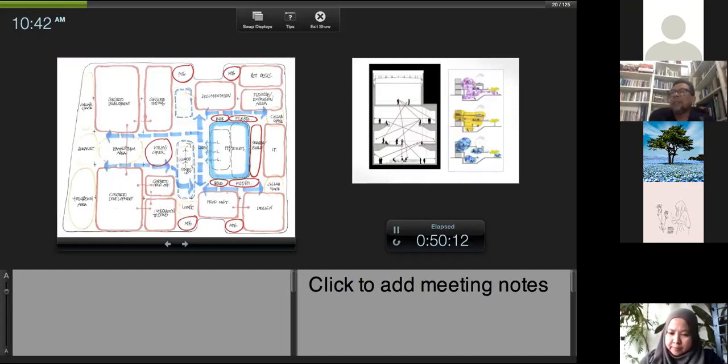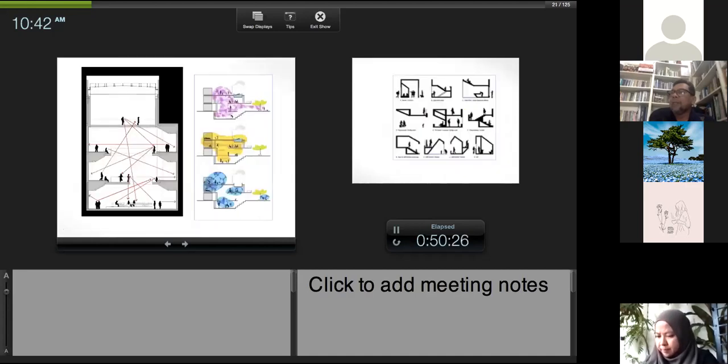Okay, and in this case you can see that the bubble diagram is overlapping to the side. Not only 2D, but you can basically create spaces vertically. Most students forget about this.